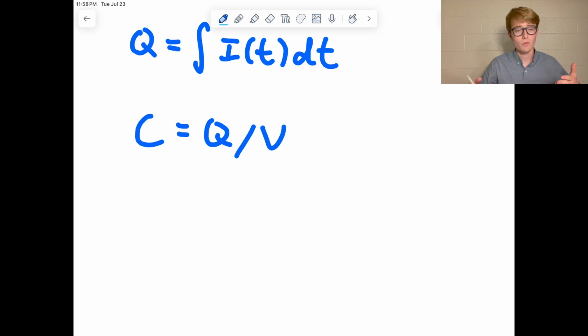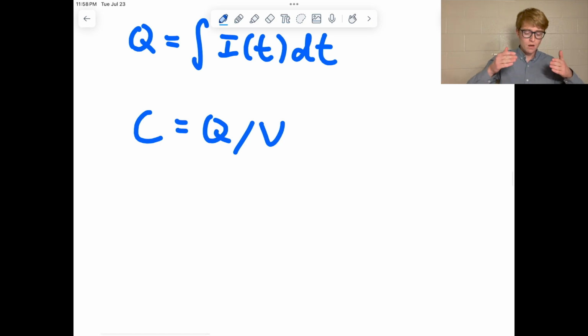The goal here is to have an equation that relates the voltage drop across the capacitor and the current flowing through the capacitor, so that we can understand the capacitor's behavior across frequencies. With these two pieces of information, we can derive that equation.